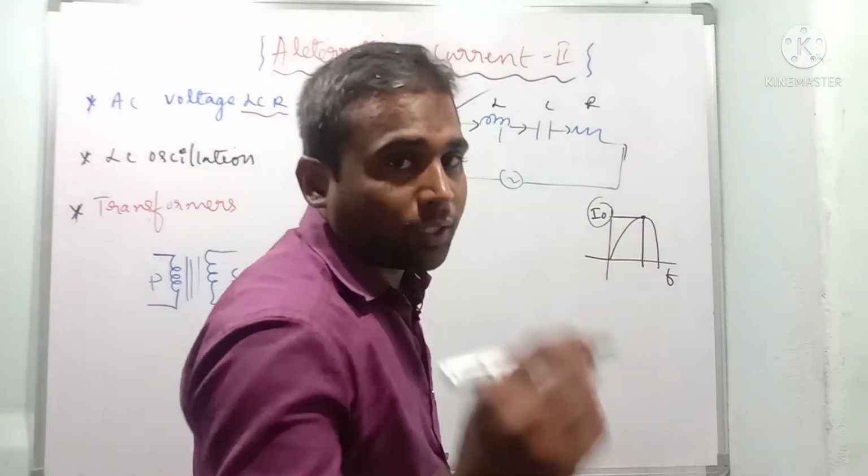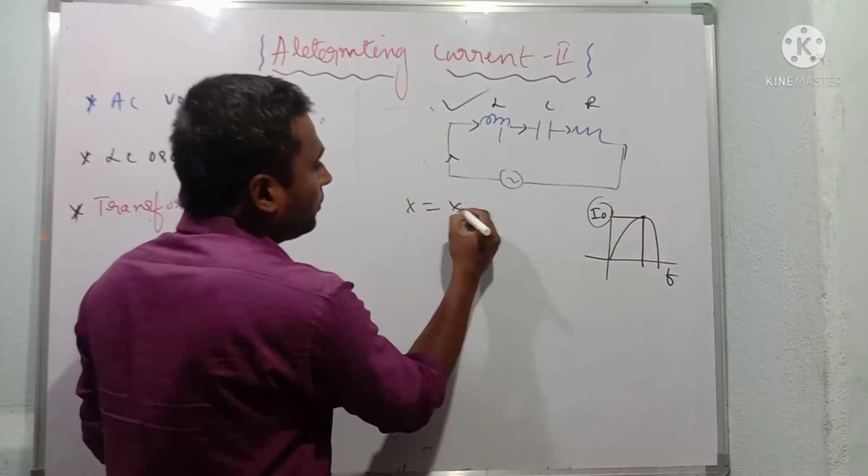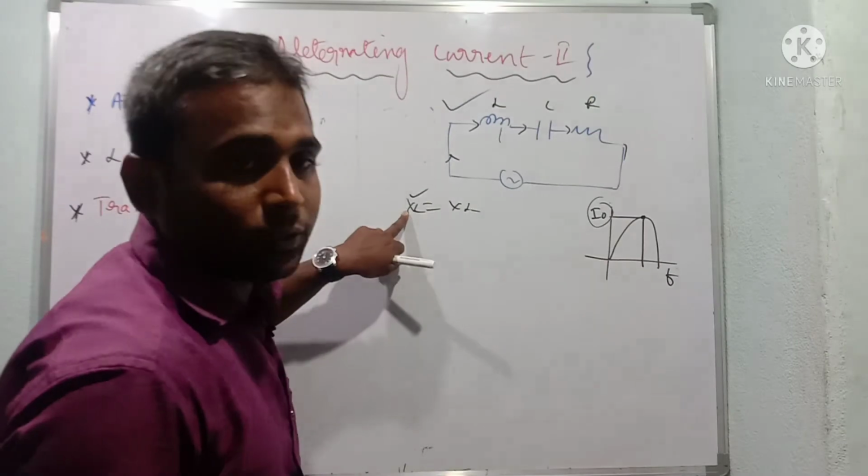In the resonant circuit, the condition for resonance is XC is equal to XL, that is, inductive reactance is equal to capacitive reactance.